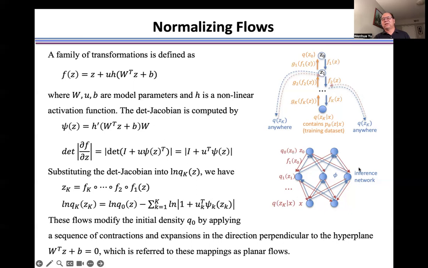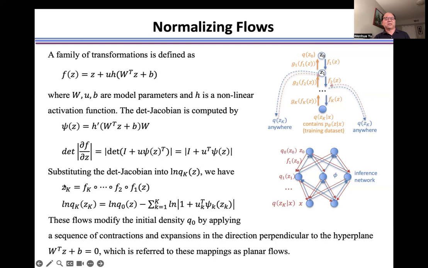Similar to the inference network, we define the F by using a nonlinear activation function H, where W, U, B are model parameters. The determinant of the Jacobian is computed by using the derivative of the nonlinear activation function H. Now we got this determinant of the Jacobian, and substitute it into the log variational distribution.